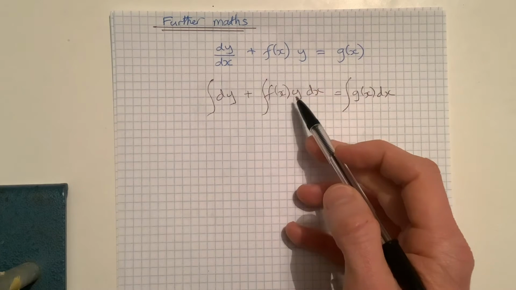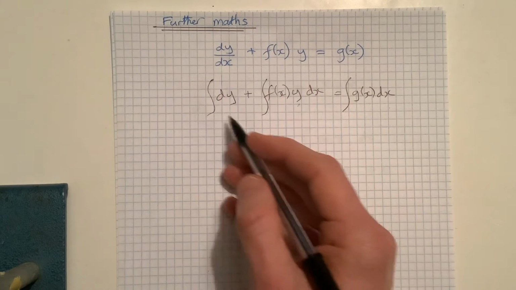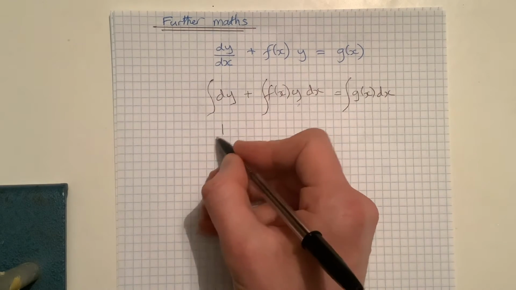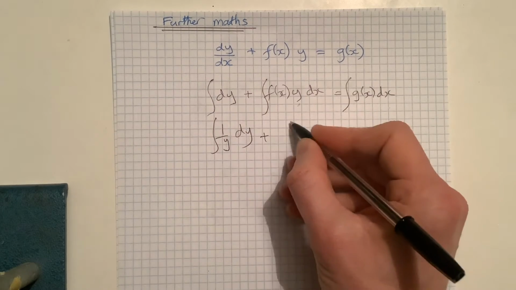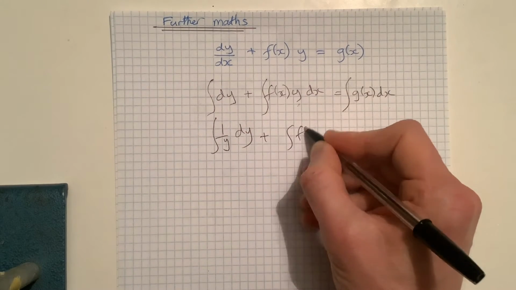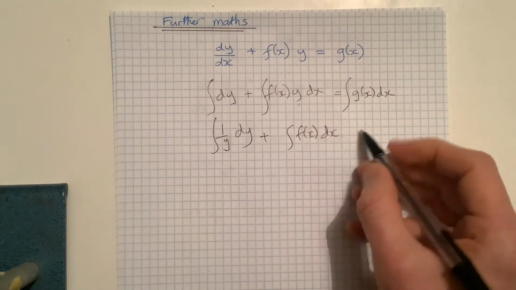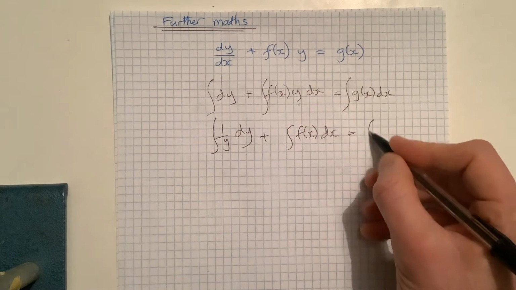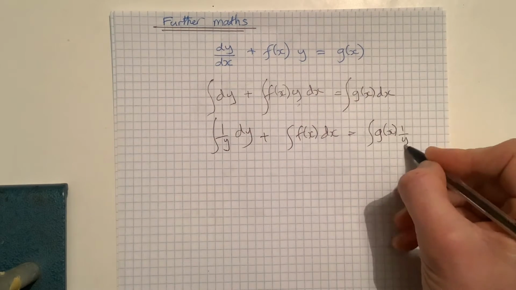You then might think, well, maybe we could divide through by y like we did before, which would be okay here because we'd have a 1 over y dy. And here now we would just have an f of x dx. So that's all okay. This integrates easily, this integrates easily. But then over here, we would have to divide through by y here as well.